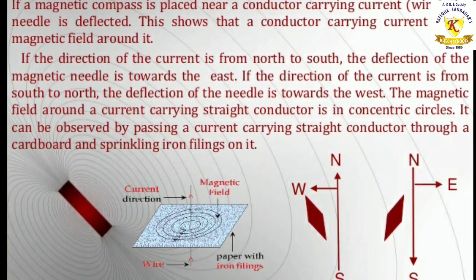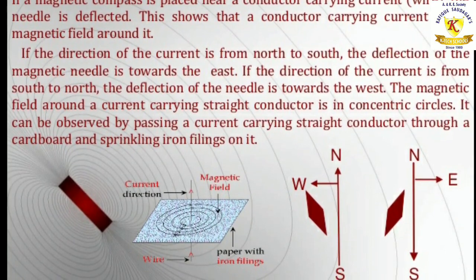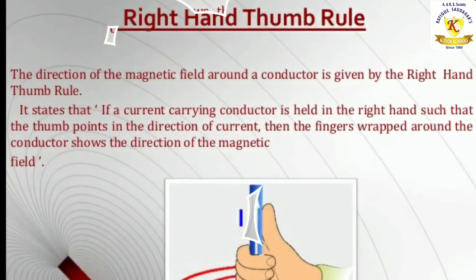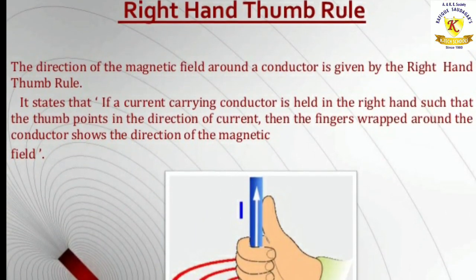It can be observed by passing a current carrying straight conductor through a cardboard and sprinkling iron filings on it. Now, what is right hand thumb rule?